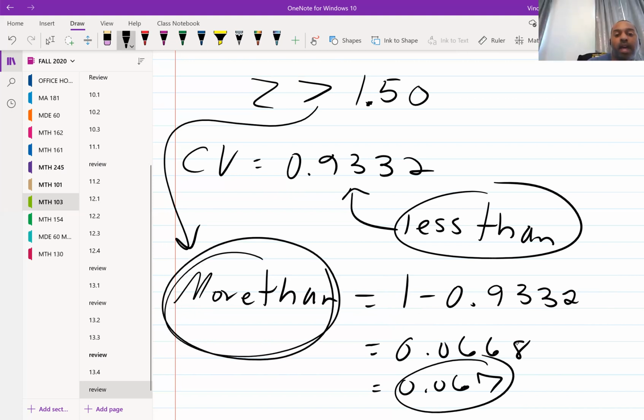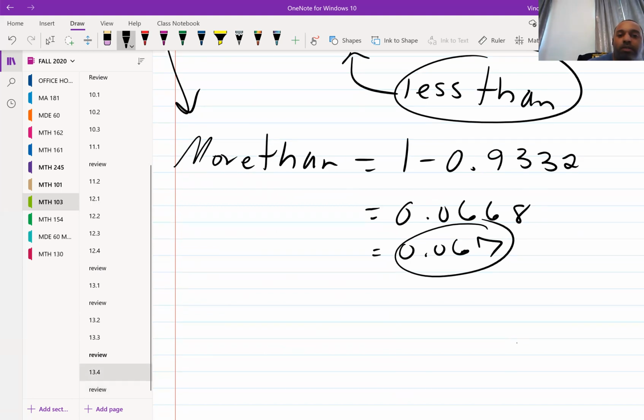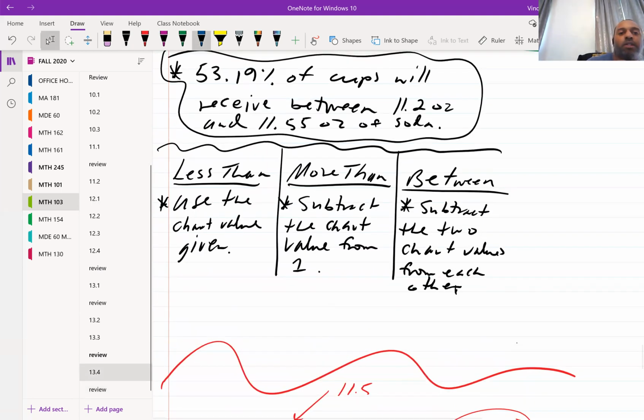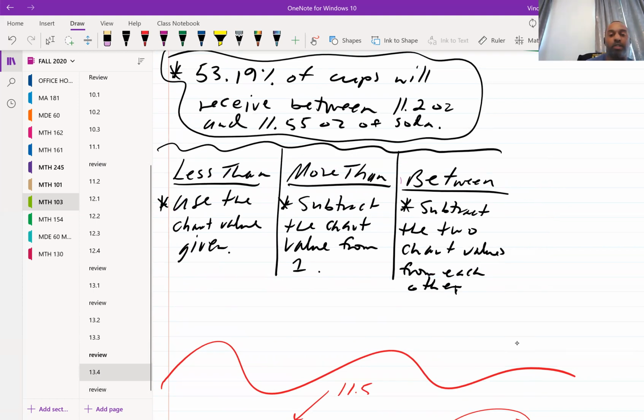Every time they ask you about more than. See, there are 3 key phrases that you're going to be dealing with. They're either going to ask you about less than, more than, or between.